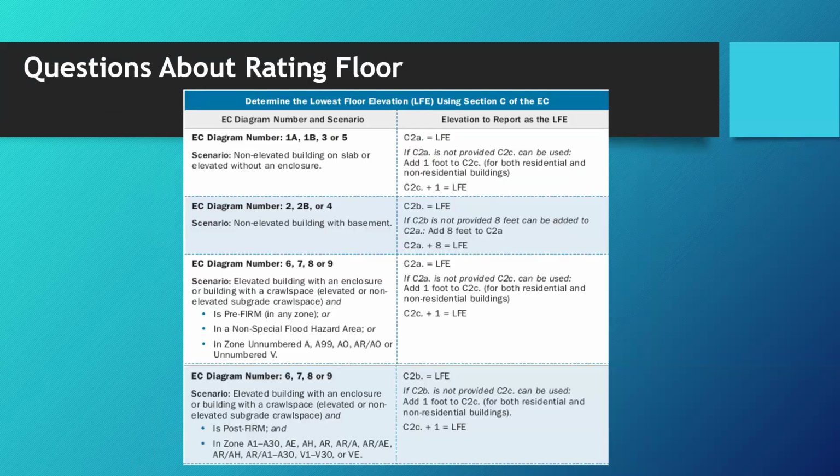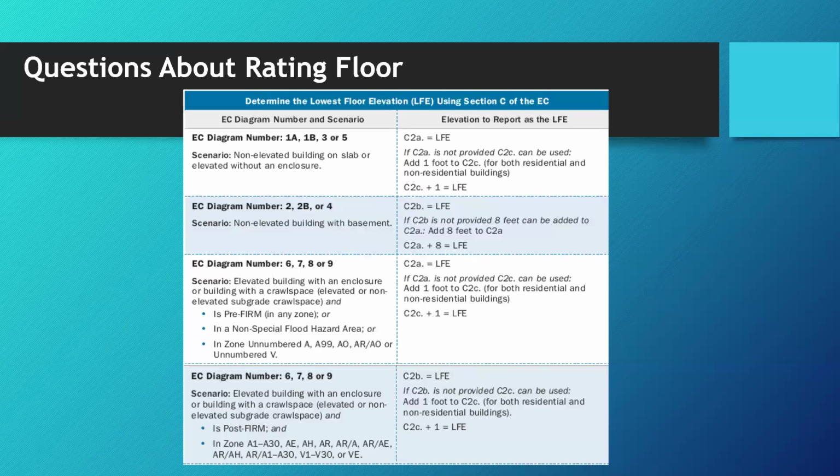So just a little bit more about insurance. For surveyors mostly, there are instructions to determine the lowest floor elevation depending on the diagram number. It tells you how you can calculate that based on the diagram number and the different elements.